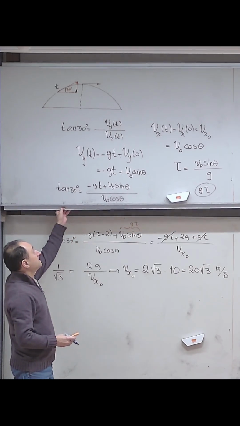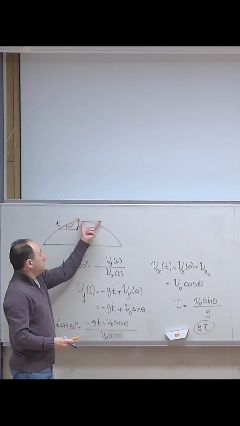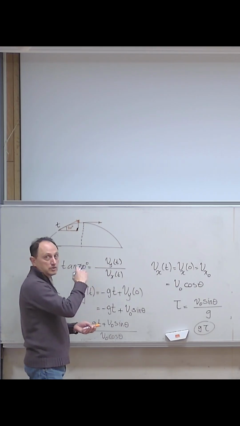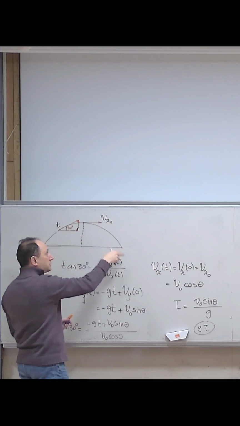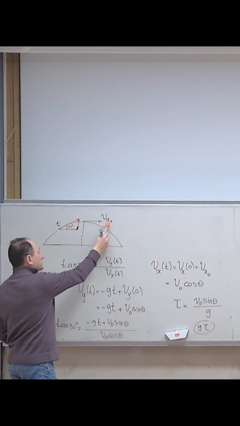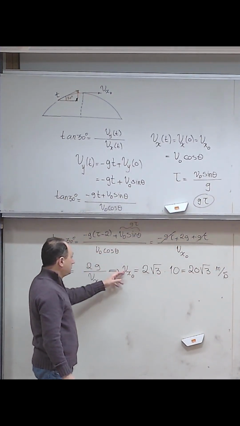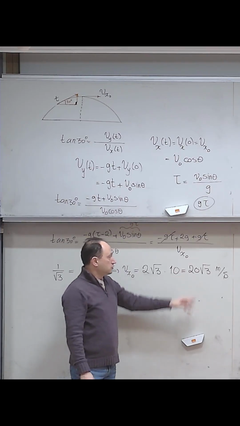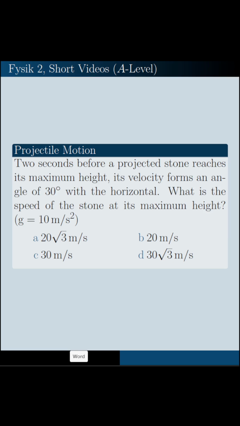But you know that at the highest point, the velocity is exactly equal to the velocity in the horizontal direction, which remains constant during the flight. So this is exactly what I want to answer in this problem. I wanted to find vx naught, and the answer is 20 square root of 3 meters per second.